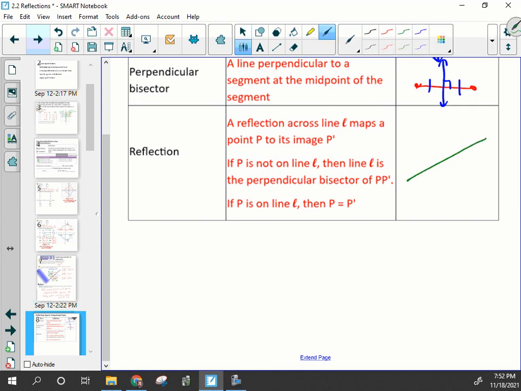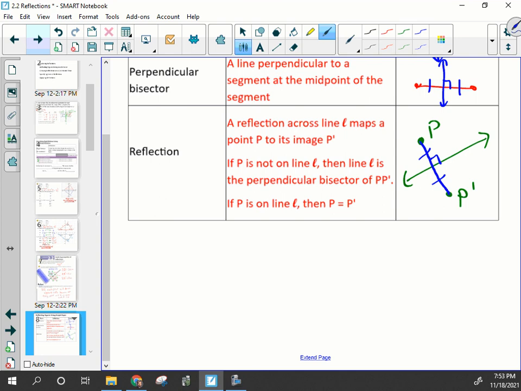So if I have a line of reflection, if I reflect point P, it'll be on the other side. If P is not on the line L, then line L is the perpendicular bisector of the segment joining P and P prime. If I join the points, they will be perpendicular, and the distance from P to the line of reflection and the distance from P prime to the line of reflection will both be the same.